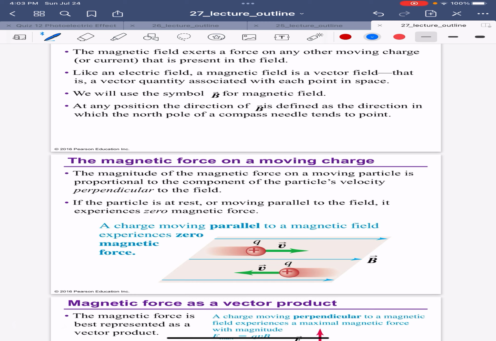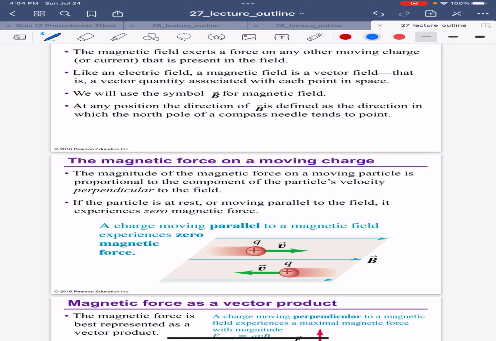Now, the magnetic force on a moving charge: if we have a charge in a magnetic field, then the magnitude of the magnetic force on it is proportional to the component of the particle's velocity which is perpendicular to the field.